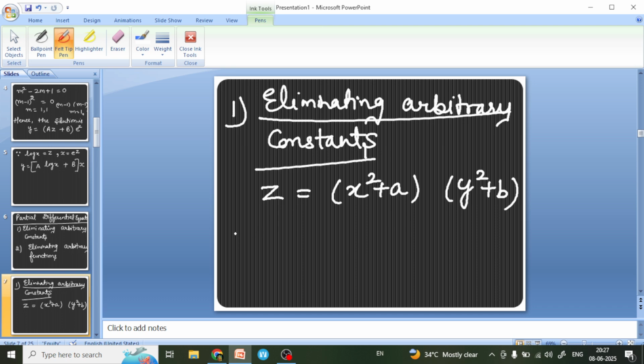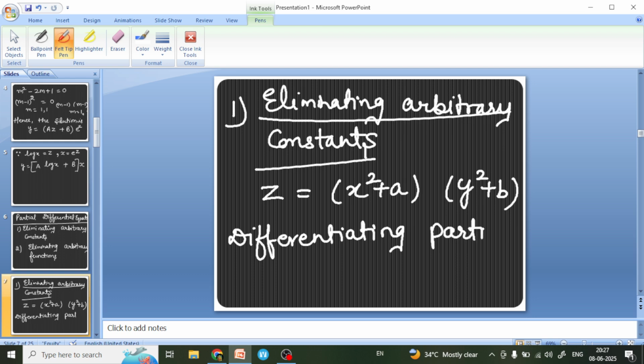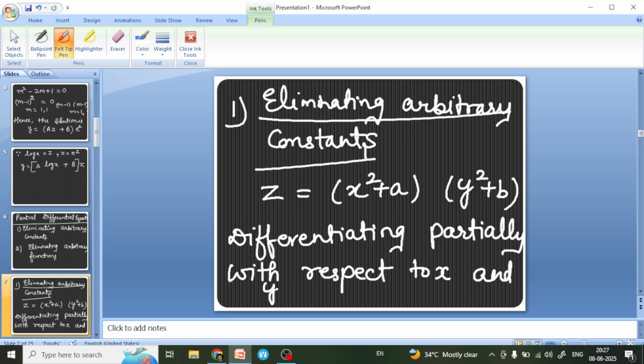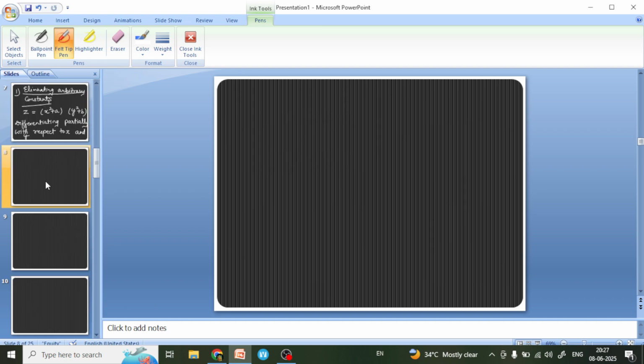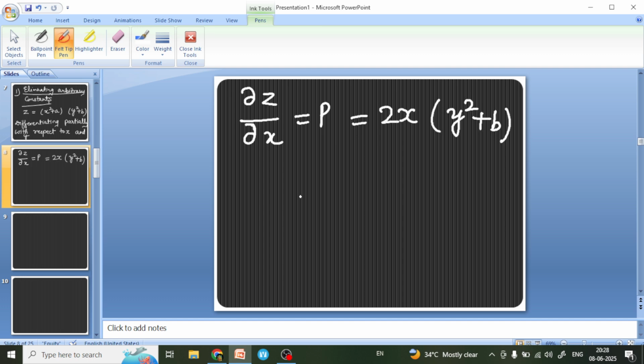First of all, you have to differentiate partially with respect to x and y, and then we get derivative of z over derivative of x, that is p, equal to 2x (y square plus b).